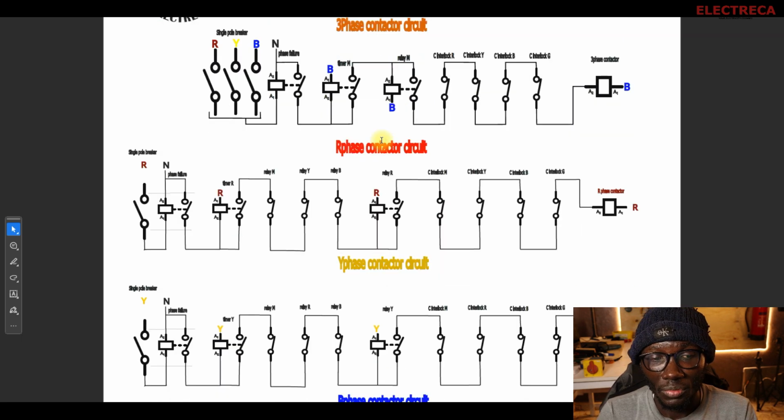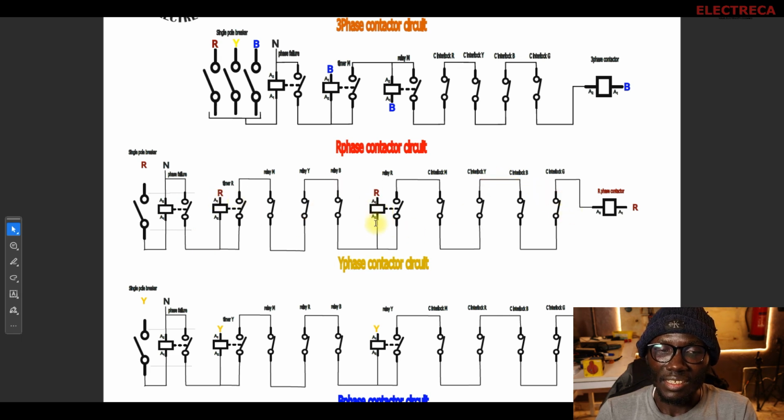That's what I control. Even in this phase circuit for R, you see phase failure only, but from my breaker here I get an R, then the R enters A1 of the phase failure, and A2 also enters the phase failure. But from here, my control begins with the neutral throughout.